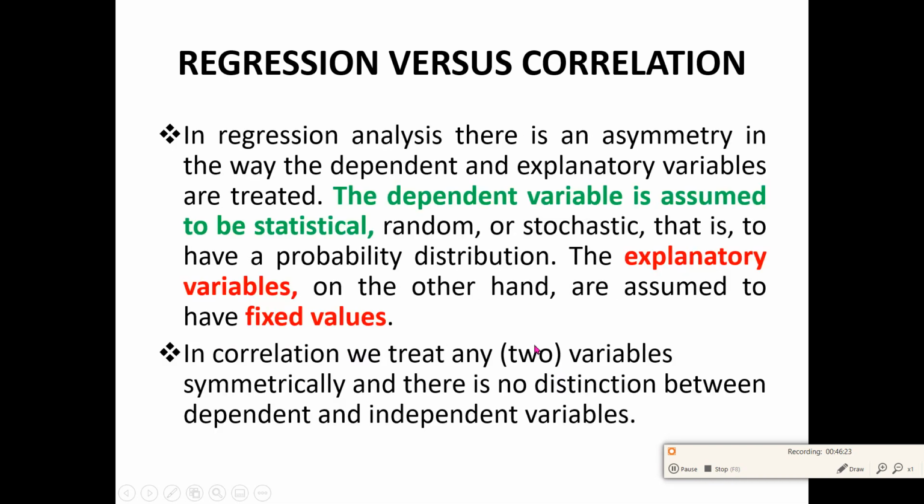An additional difference is that in correlation nothing is dependent or independent; we are not concerned which variable depends upon the other. Whereas in regression we are clear which variable is dependent and which is independent. Generally the dependent variable is assumed to be random, whereas the independent or explanatory variables are assumed to have predetermined fixed values, right?